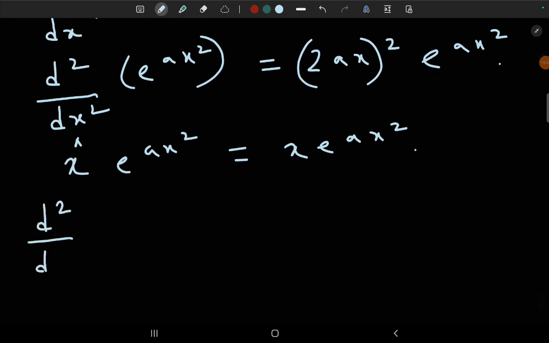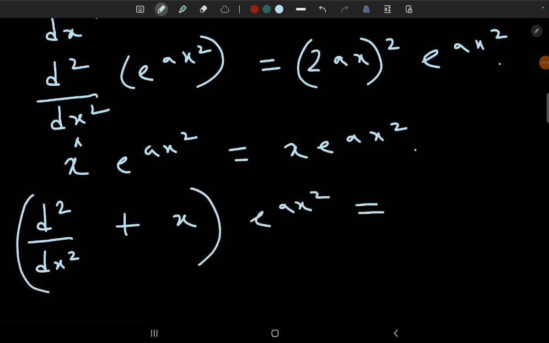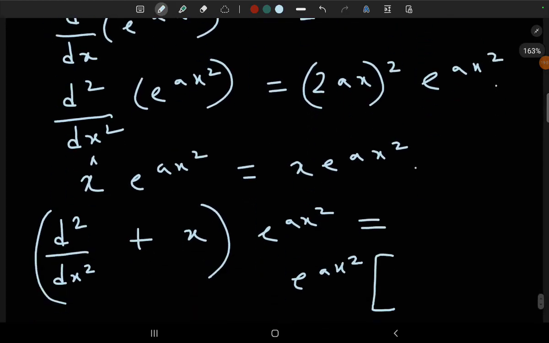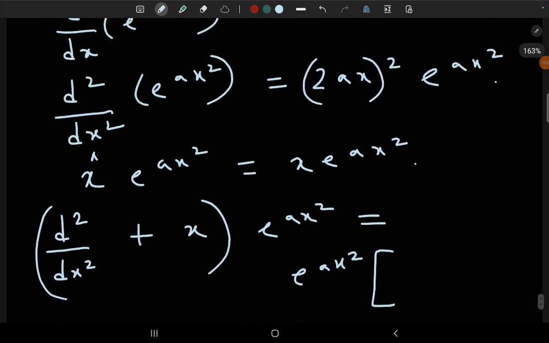So we have d²/dx² plus x acting on e to the power ax², which is equal to e to the power ax² taken common. Extremely sorry, I made a mistake, a calculation error.